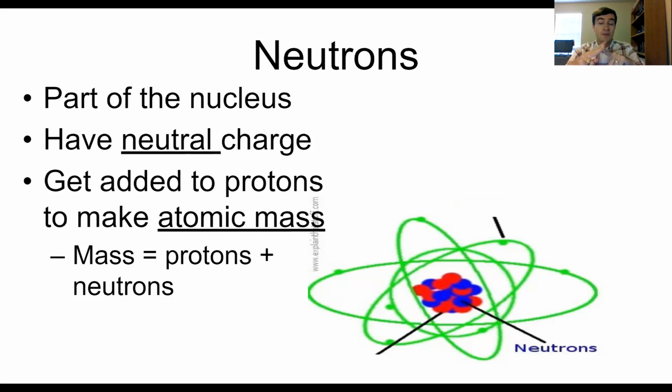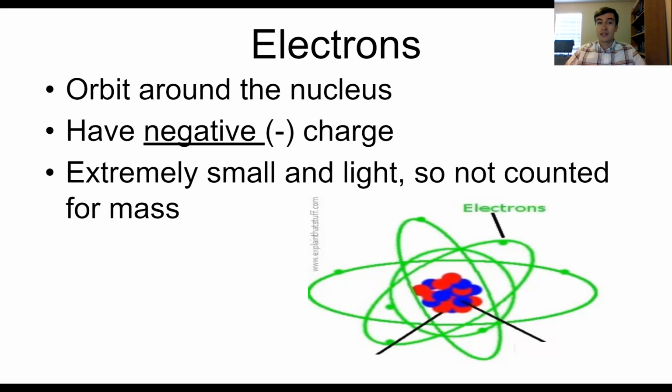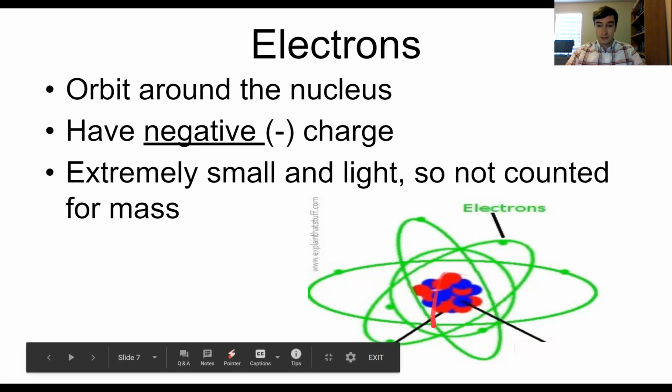But if you remember from a couple seconds ago, we also have a third one, and that one is our electrons. So the electrons do not go in the nucleus. Instead, they hang around outside of it. They kind of zoom around on the outside of the nucleus.